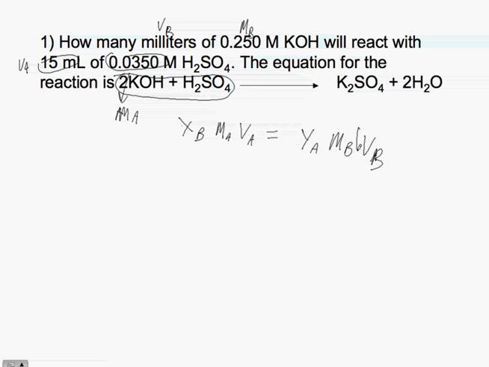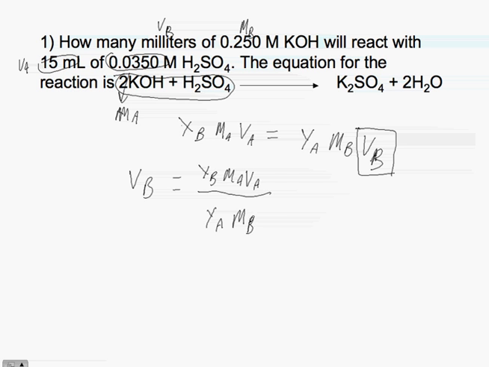So simply, VB is equal to the moles of the base times the molarity of the acid times the volume of the acid, divided by the moles of the acid times the molarity of the base.